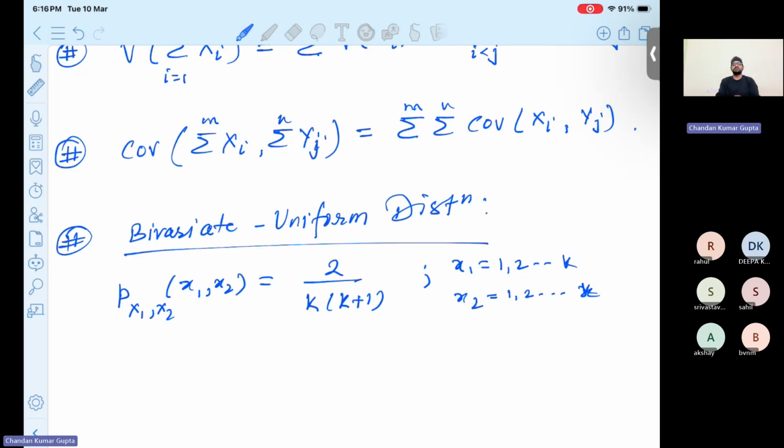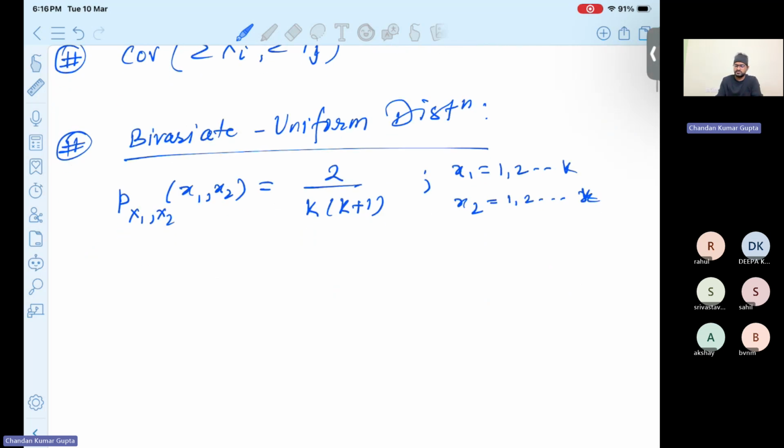Okay, so this is the case for bivariate uniform distribution. In a similar manner, the lecture also defines the bivariate beta distribution, then the bivariate gamma distribution. Let me write here if you want to.